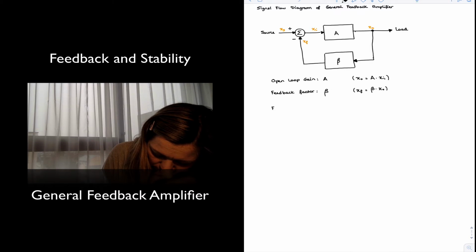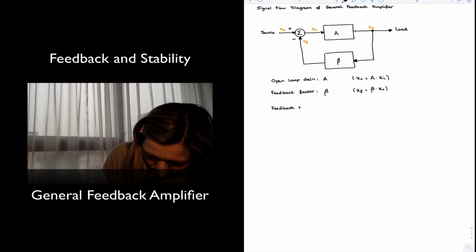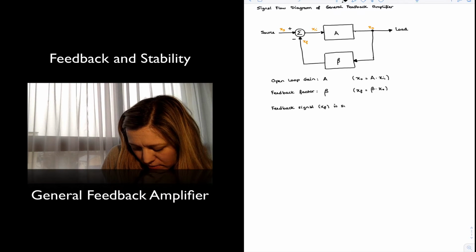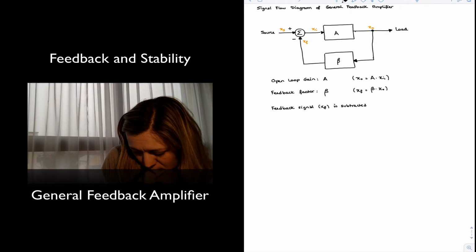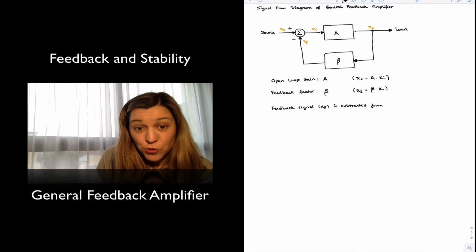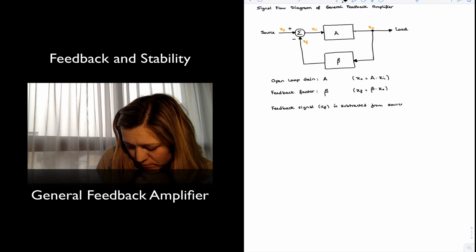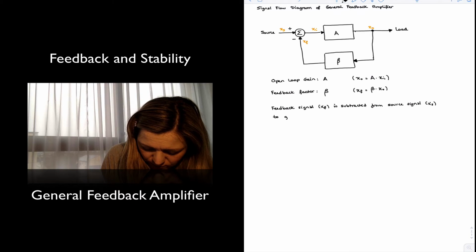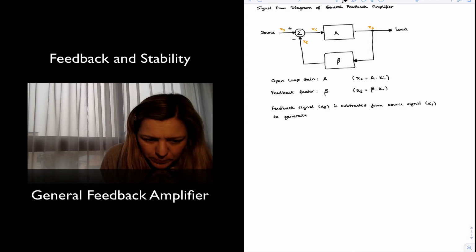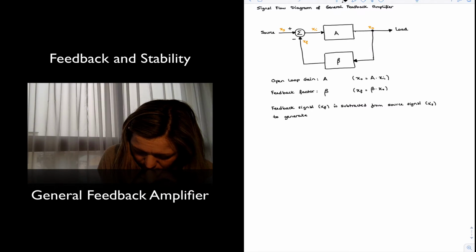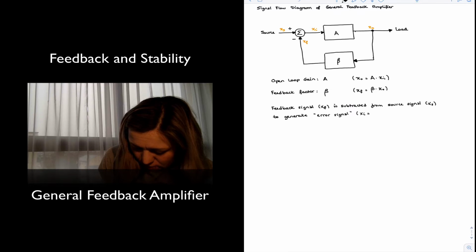So the feedback signal Xf is subtracted from the source signal Xs to generate the error signal Xi, which is equal then to Xs minus Xf.